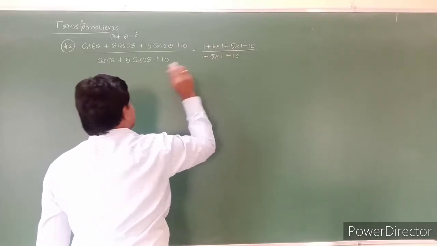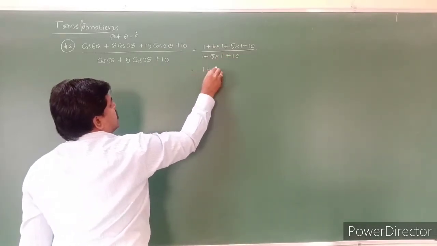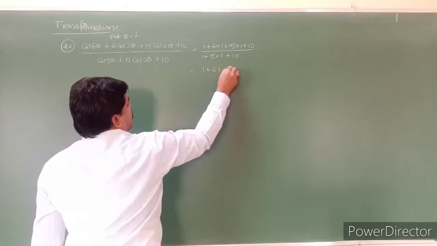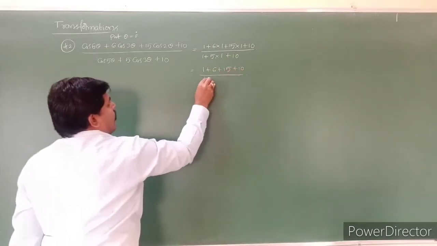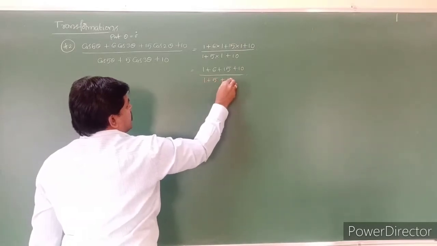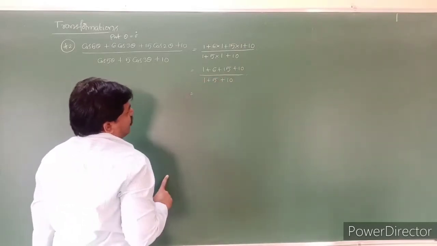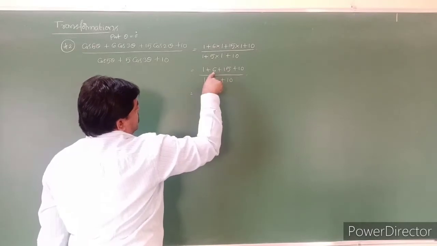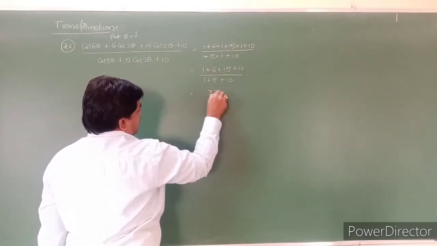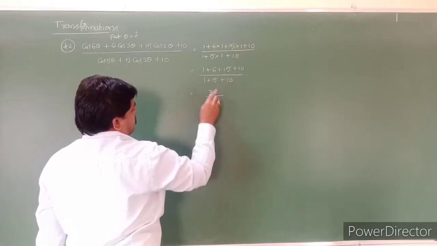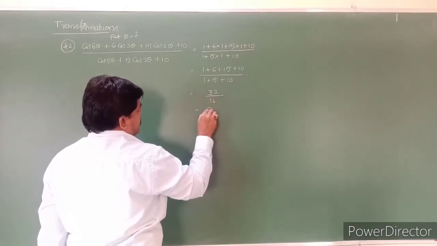So what happens, students? That is nothing but 1 plus 6 plus 15 plus 10 by 1 plus 5 plus 10. In the numerator, 15 plus 6 is 21, 21 plus 1 is 22, plus 10 is 32, by 10, 15 plus 1, that is 16. So the answer is 2.